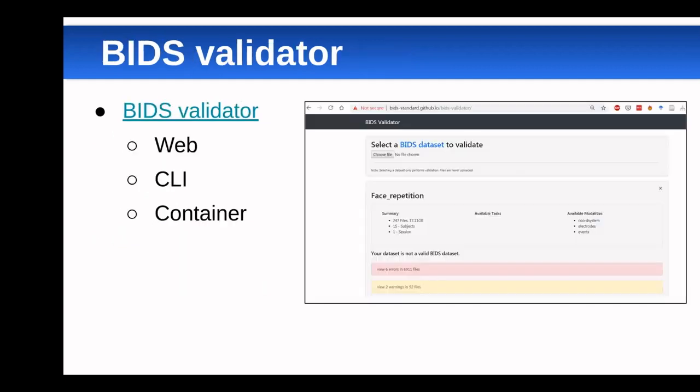So that was for conversion. But once you've converted the data, usually what you want to do is make sure that your dataset is valid. For that, you are going to be using what's called the BIDS validator.